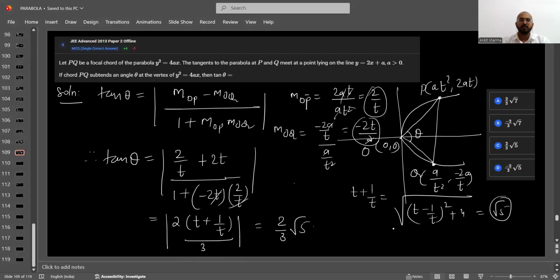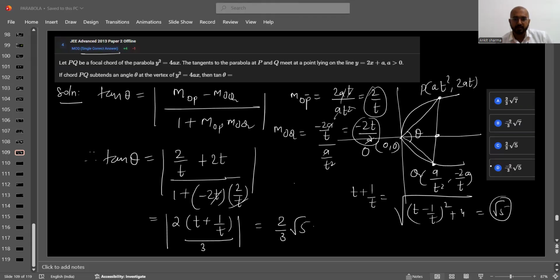Okay. And now since a is positive, wait a moment, this is a single correct answer. What would be, because see, we have two options, 2 over 3 root 5 and minus 2 over 3 root 5 also. So let us see what we can do. Now we see here, this is tan theta. In the modulus, it's going to be 2 by 3 root 5.